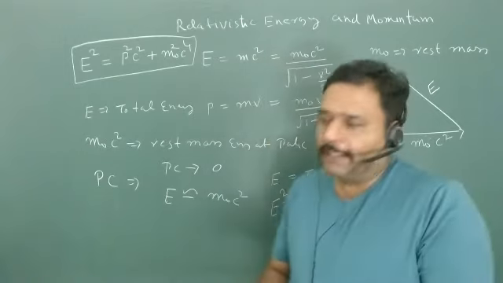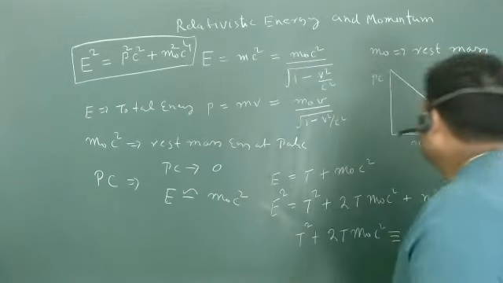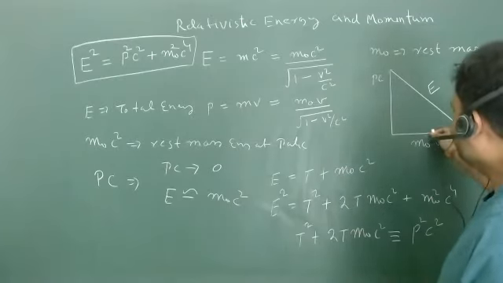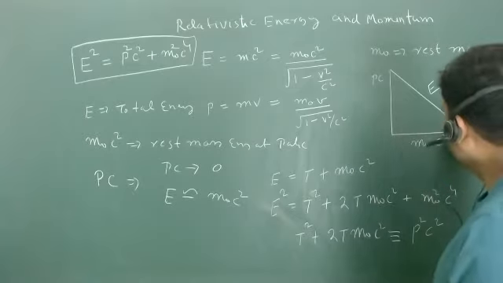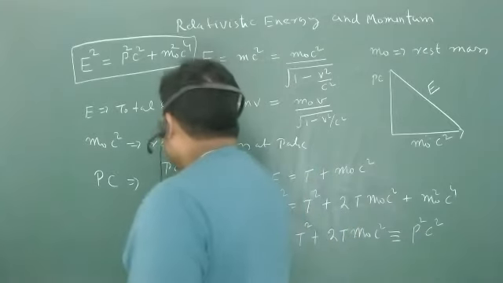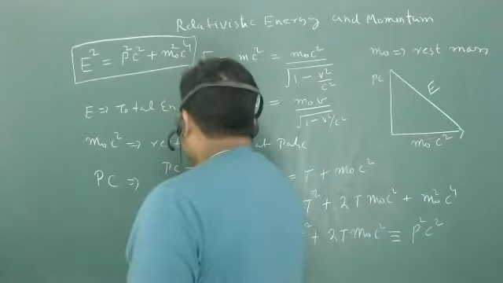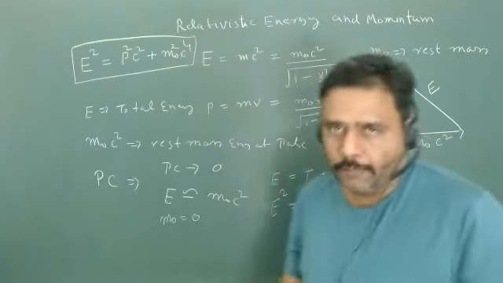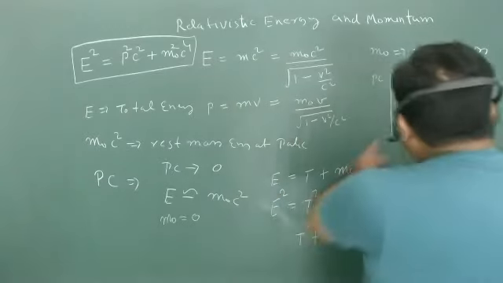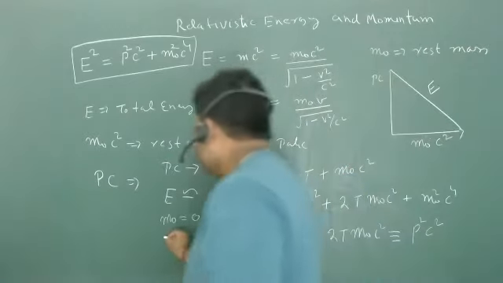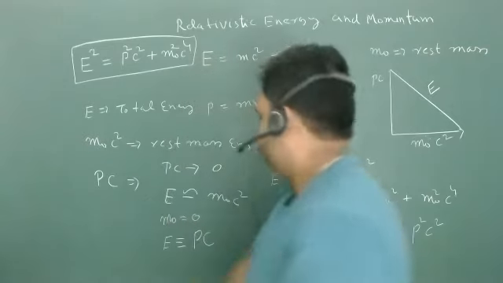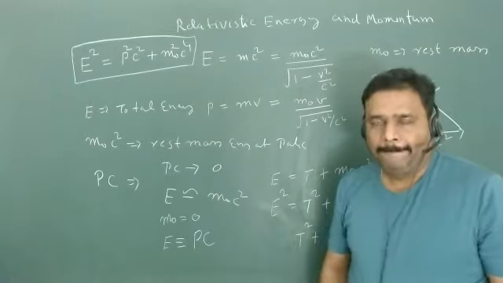But now look at the thing another way. What will happen when I reduce the mass of a particle? If I take the rest mass of a particle to be 0, because C cannot be equal to 0, then my total energy is equivalent to P into C. Isn't it?